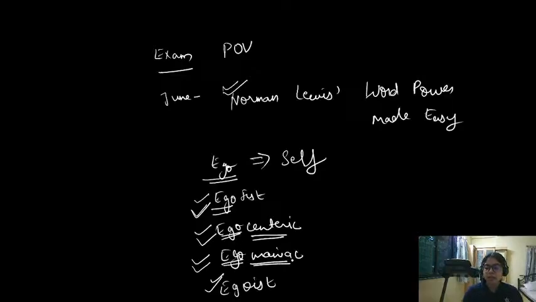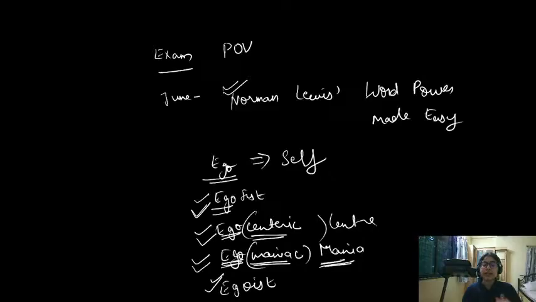Egomaniac, ठीक है, इसमें एक और शब्द आता है मेनिया. जैसे ऊपर वाले शब्द में है सेंटर, वैसे ही नीचे वाले शब्द में है मेनिया. ओके, मेनिया मतलब पागलपन. सो एक ऐसा इंडिविजुअल जो इतना ऑब्सेस्ड है अपने सेल्फ से कि वो ऑलमोस्ट पागलपन के एज पे है, राइट? इतना ऑब्सेस्ड है कि इज ऑलमोस्ट मैड अबाउट हिमसेल्फ और हरसेल्फ. सो दैट इज ईगोमेनिया. So instead of independently learning the words, Norman Lewis will teach you root words.